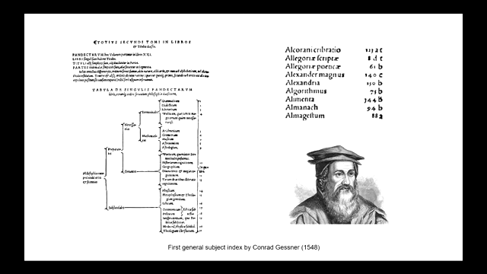So all the materials that were produced during the first century of the printing press were the field that Gessner worked quite hard to index with his own system.